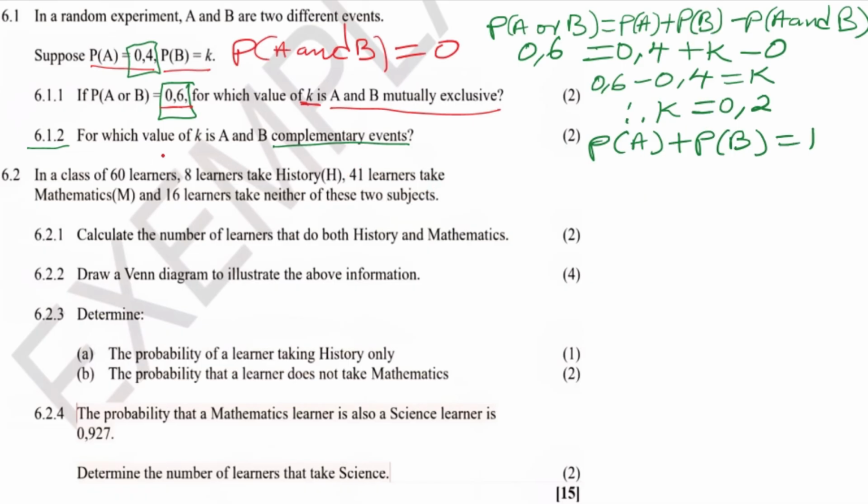Now we do substitution. The probability of A is equal to 0,4. The probability of B is equal to K, and that is equal to 1 then. Now K is equal to 1 minus 0,4. Therefore, K is equal to 0,6.